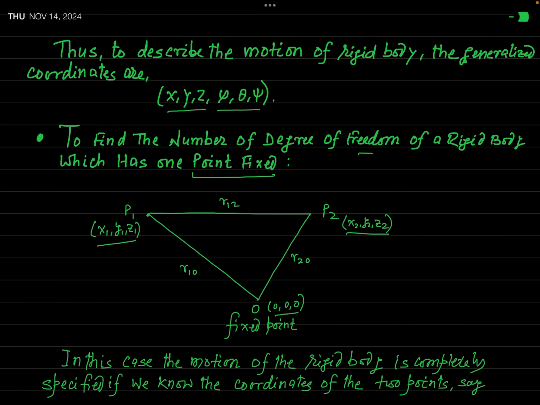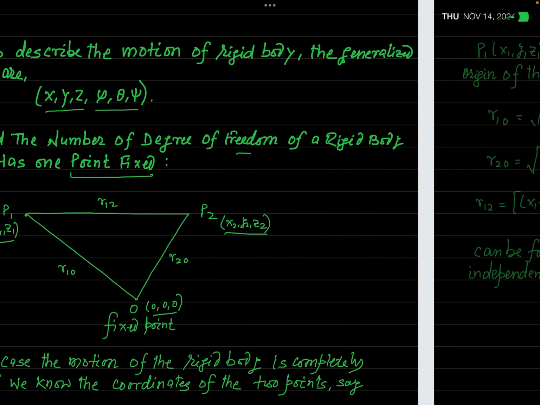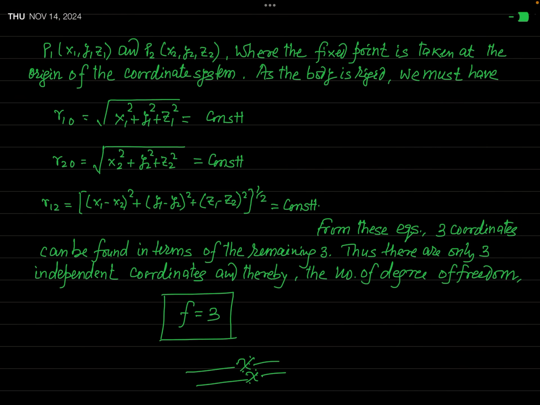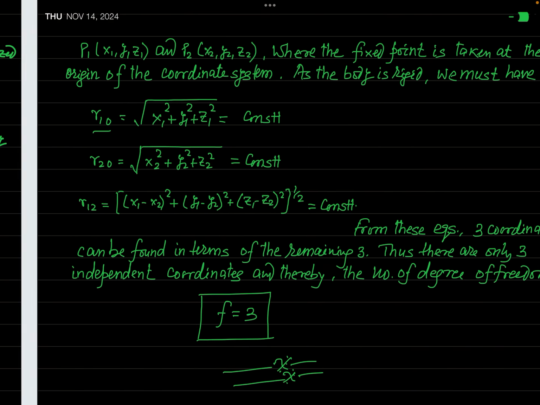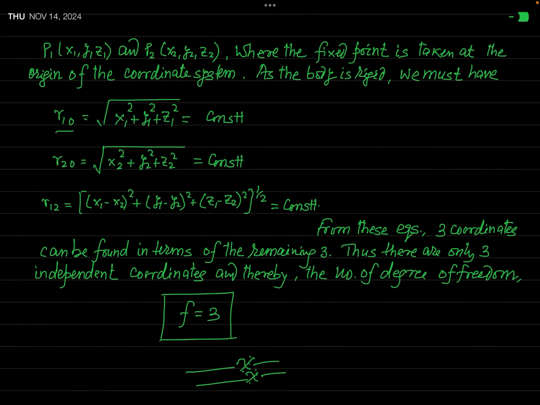Okay. Then again you can see there will be 3 equations of constraint. First of all, R1O will be equal to what? That will be the square root of (x1 minus 0) square plus (y1 minus 0) square plus (z1 minus 0) square. So this is simply the square root of x1 square plus y1 square plus z1 square, and that will be equal to constant.